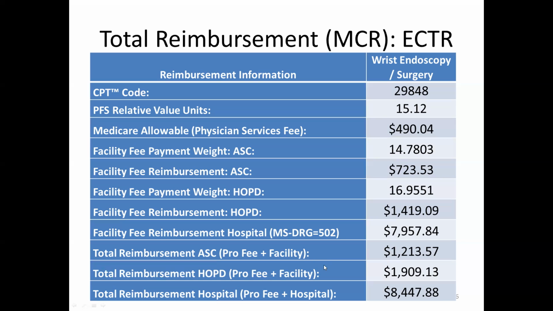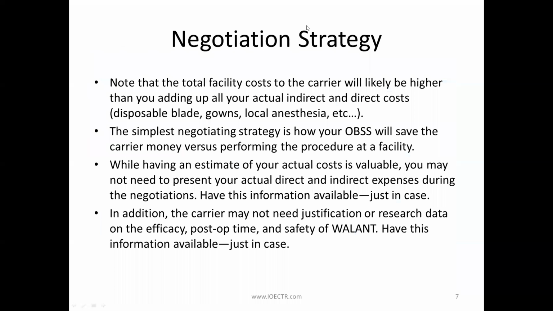So we do know, for example, with this particular code, that there are some doctors that are getting a total amount of around 1,000, and we have heard of one that's getting 1,500. But it really depends on your leverage in your town and where you're performing most of your procedures as far as your negotiation. But again, you need to find someone with the insurance company that understands that you're helping them.